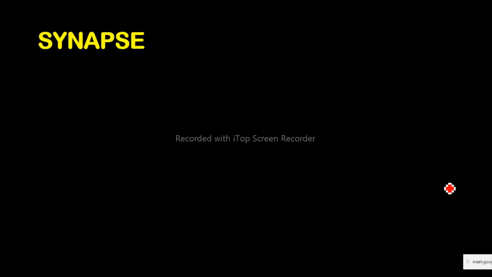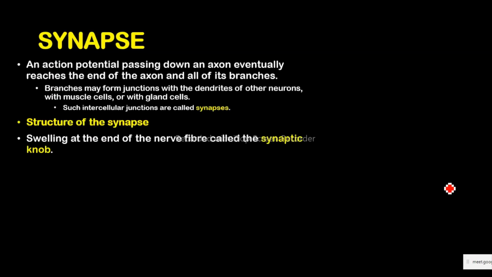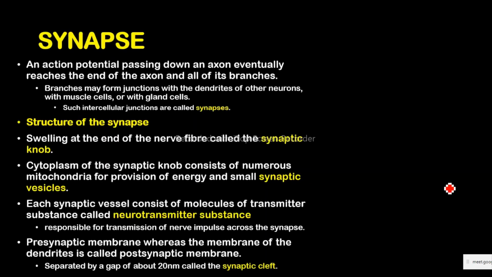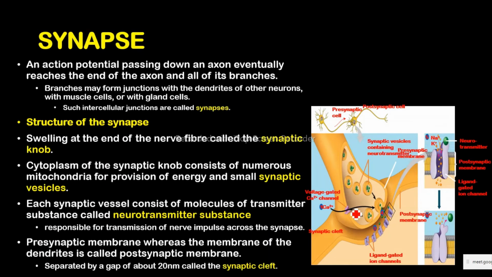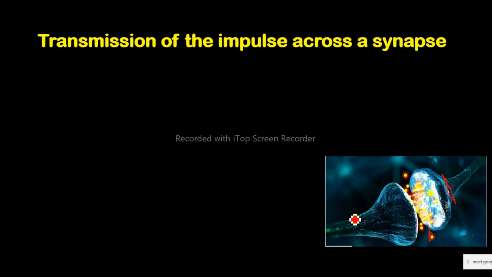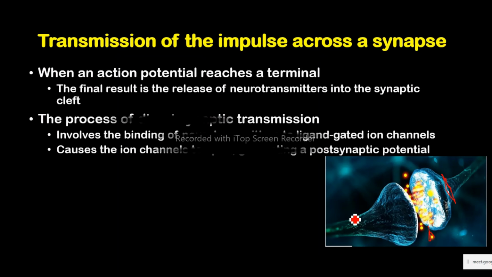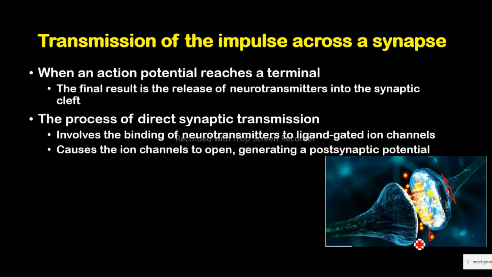The calcium gated channels get open. Here in this one, you saw that you have calcium gated channels. So when an impulse arrives, the calcium gated channels get opened, and then calcium ions enter from the synaptic cleft into the presynaptic knob.